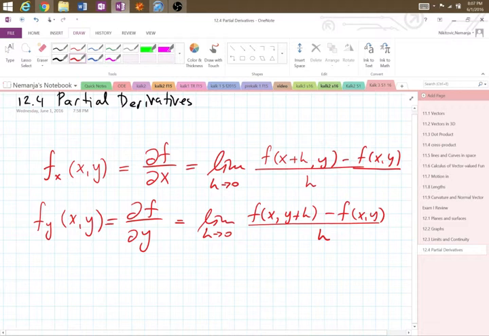Well, we're going to omit looking for the derivatives the long way. We can immediately talk about taking partial derivatives immediately.